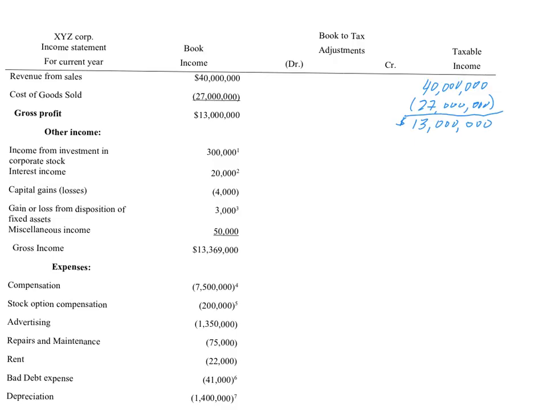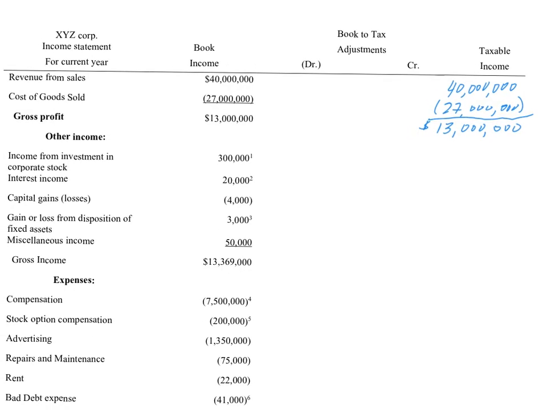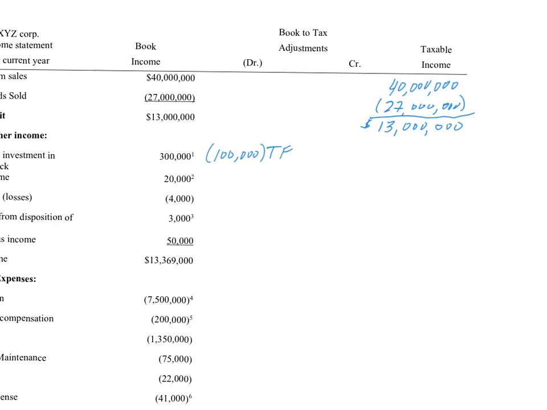All right, so our first item with a note is this income from investment in corporate stock in our chart. All right, so what do we have to do? So in order to make income go down, and it's temporary and favorable, so what does that do to taxable income?